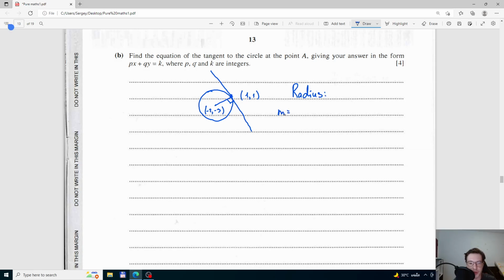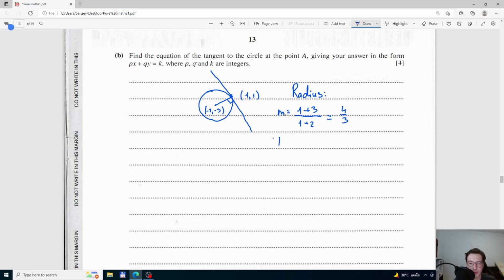Okay, so the gradient is going to be the difference in y, which is 1 minus 3, over the difference in x, 1 minus 2, which gives 4 over 3.